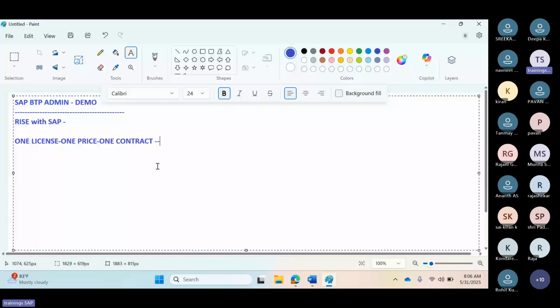In early January 2021, SAP introduced this offering package called Rise with SAP, which means in this offering package you have one license, one contract, one price. With this concept, SAP entered the market.